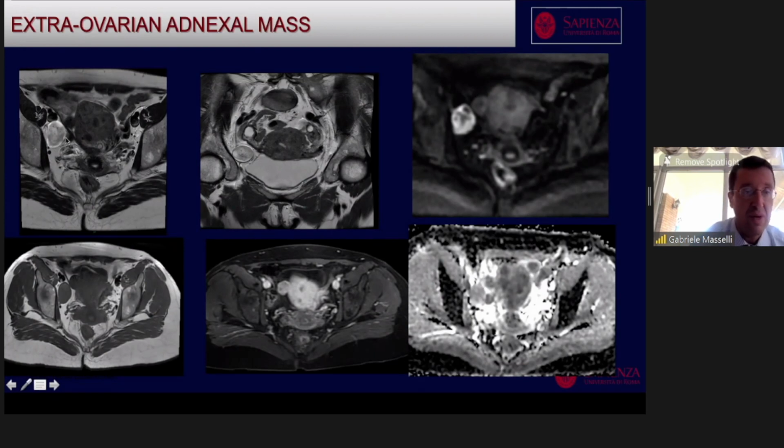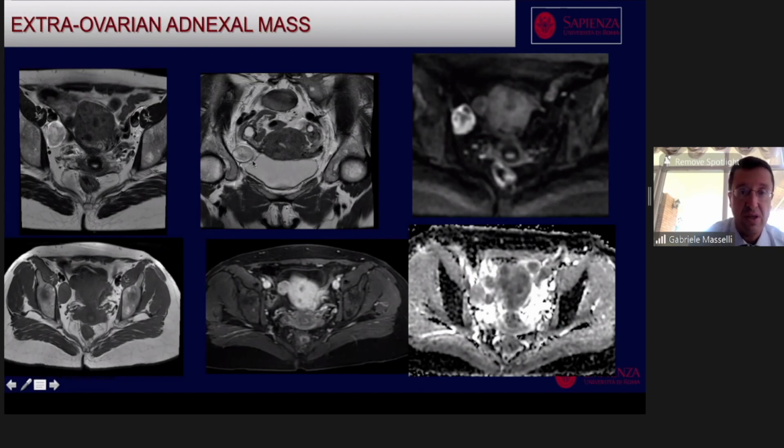So you have to evaluate the presence of normal ovaries. You see on the coronal plane the uterus, the left and the right ovary. And the lesion is not connected with the ovary, and not with the uterus either.